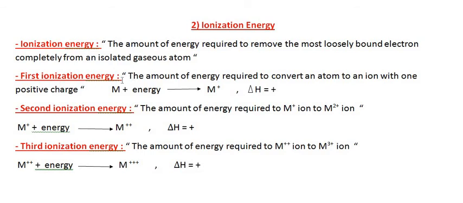So ionization energy is the amount of energy required to remove the first electron, or to convert an atom to an ion with one positive charge. This equation represents what happens. This is a neutral atom. This is the ionization energy, the energy required to remove the electron from this neutral atom.